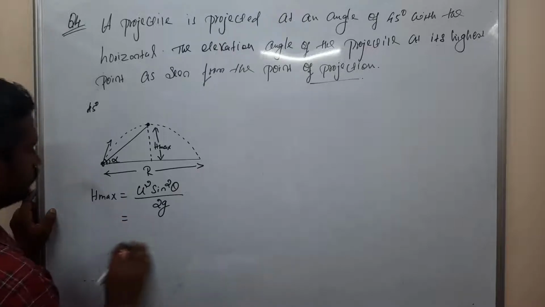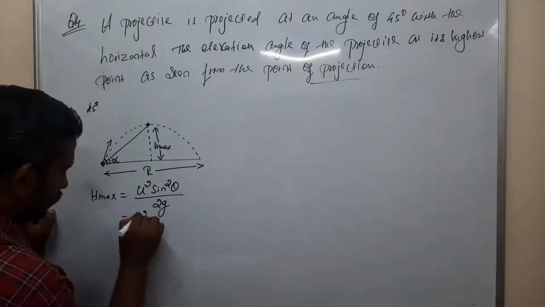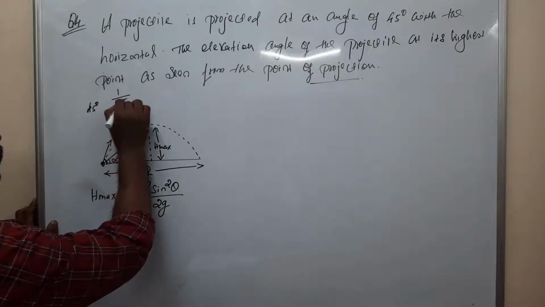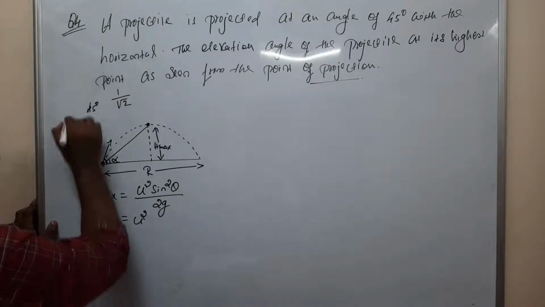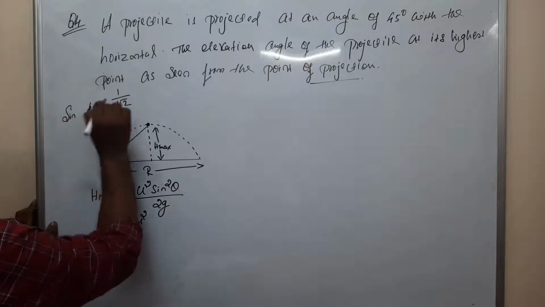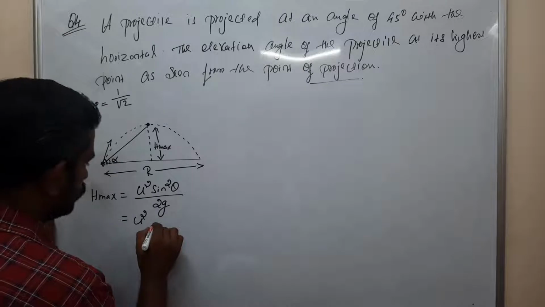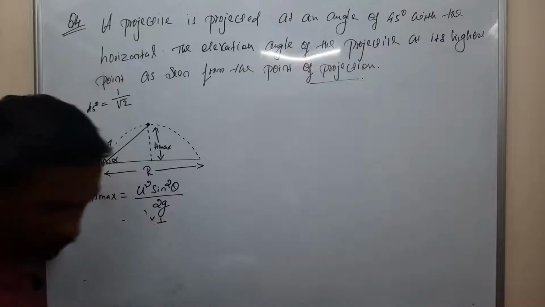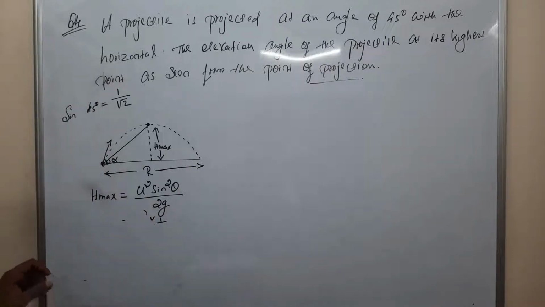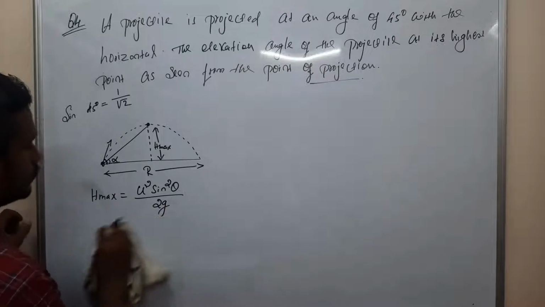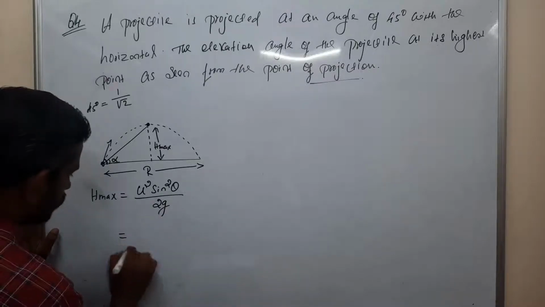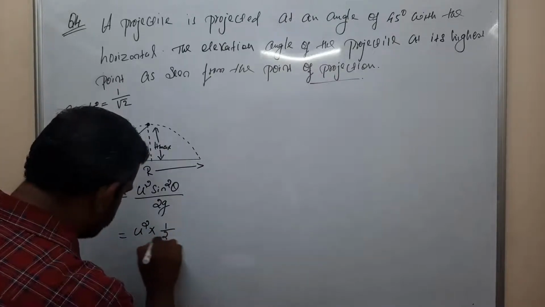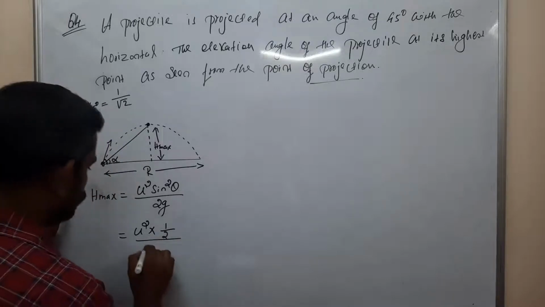So that's equal to U square sin 45. Sin 45, what is the value? That is 1 by root 2. So 1 by root 2 the whole square, that is 1 by 2. So that's equal to U square into 1 by 2 divided by 2g.